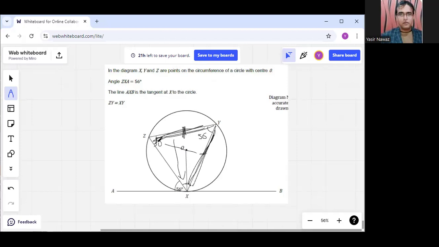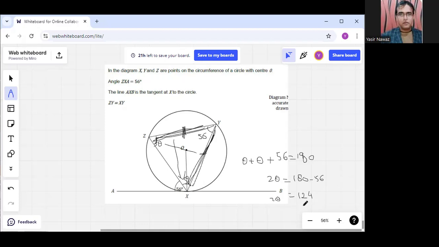Suppose this angle is theta, so this angle would also be theta. So theta plus theta plus 56 is equal to 180, because the sum of the angles in a triangle is 180. So 2 theta is equal to 180 minus 56, which is 124.